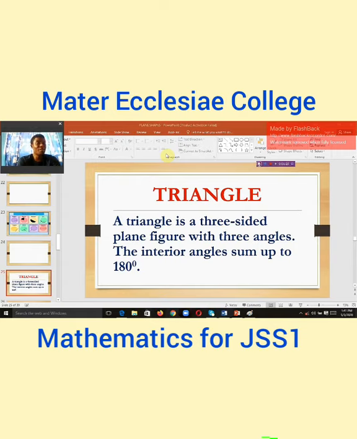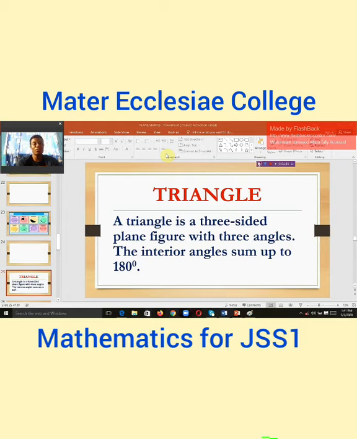So if the number of sides in a shape is 3, the number of interior angles is also 3, and the number of vertices is also 3. If the number of sides is 4, just know that the number of interior angles is also 4, and the number of vertices is also 4. So a triangle is a three-sided plane figure with three angles.